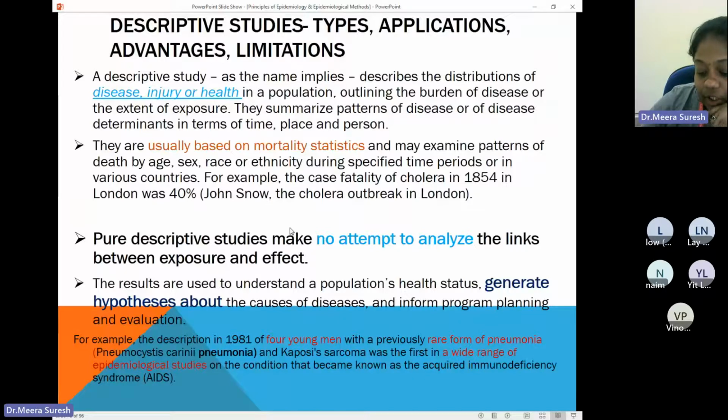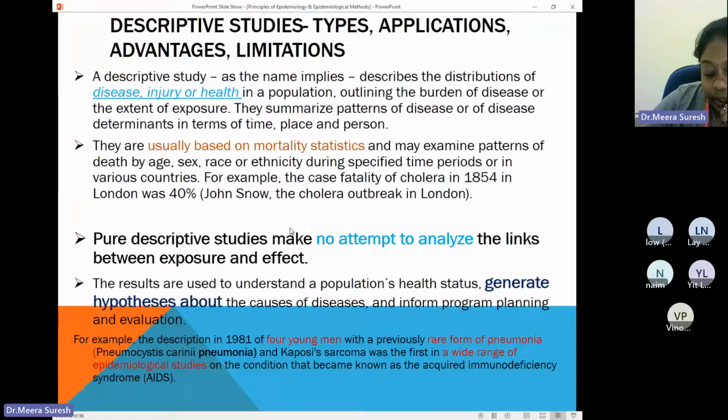You took a population, did some questioning, interviewing, and reached the conclusion that in smokers, or the people you were studying, the prevalence of lung cancer was higher. That's all you are going to say. You are not going to prove whether it's right or wrong. But some research can start from that sentence, and they decide to prove whether it is true or not.